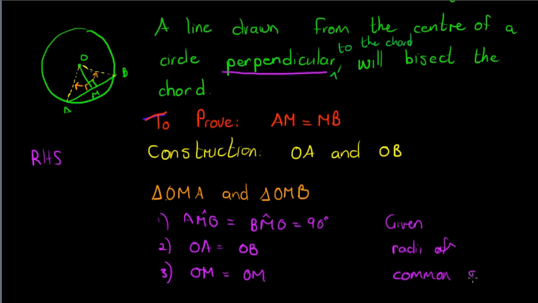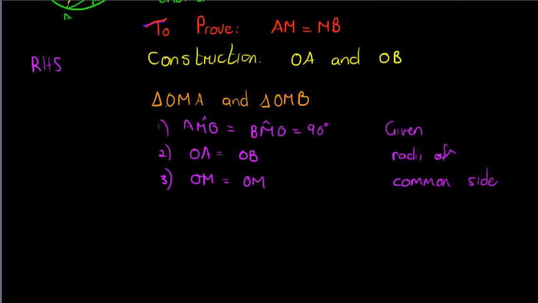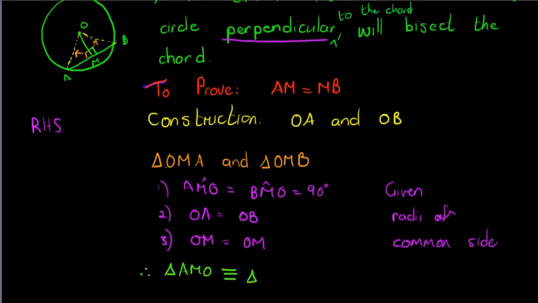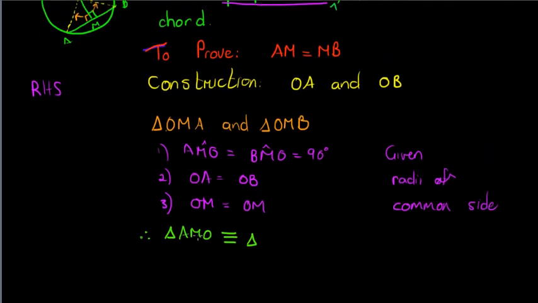And therefore we have all the conditions to make these two triangles congruent. So that's why I would say therefore triangle AMO or OMA, however you want to write it, or OAM, doesn't matter, is congruent as long as you stick with the angles. The order of this here should reflect in the order of this here.